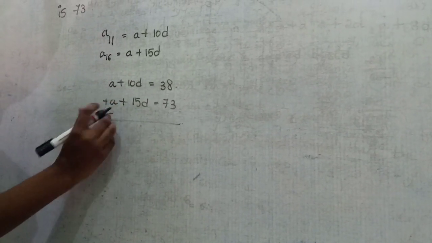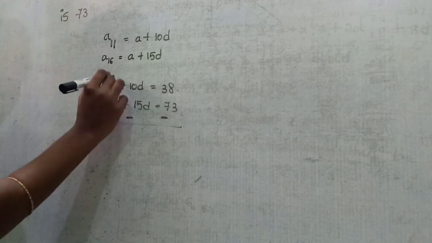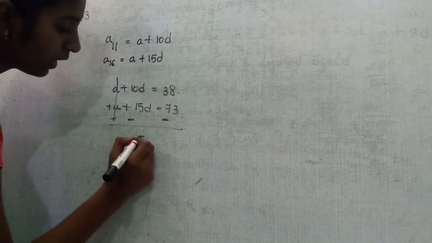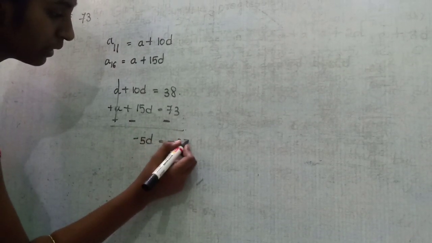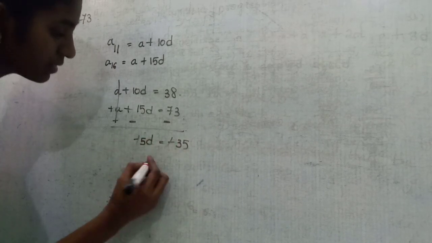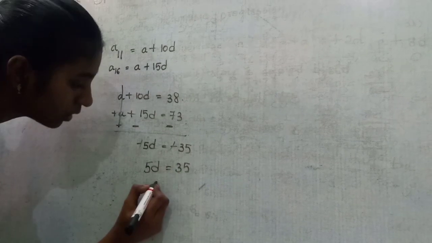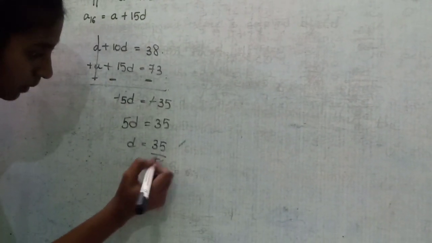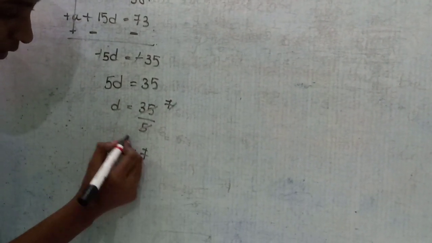For plus it changes to minus and for minus to plus. Plus and minus get cancelled. 10 minus 15, 5. Minus 5D is equal to minus 35. Minus minus get cancelled. 5D is equal to 35. D is equal to 35 by 5. D is equal to 7.